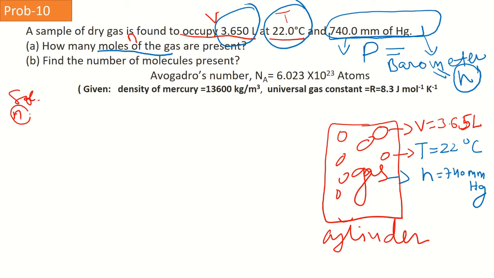So for the A part, the volume is given, and the volume is 3.650 liter.